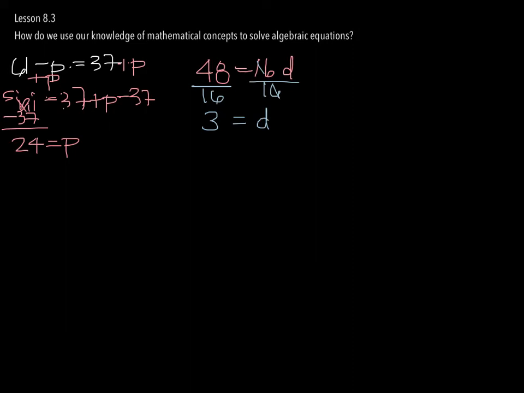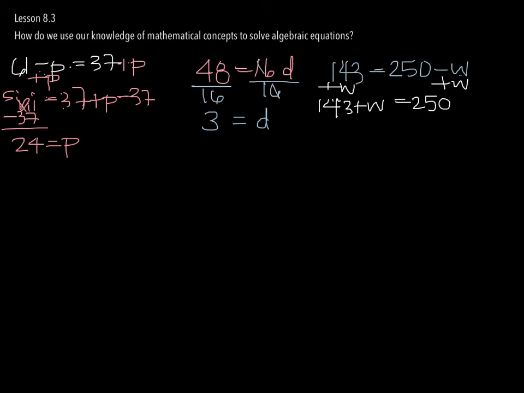Now let's look at another one here. We've got 143 is equal to 250 minus w. Again, boys and girls, we have that minus w here, like we had that minus p. So we want to deal with a positive variable and a positive number. So what we're going to do is add w to both sides. So what I'm going to have is 143 plus w is equal to 250.